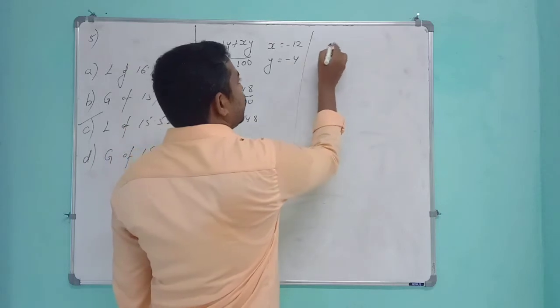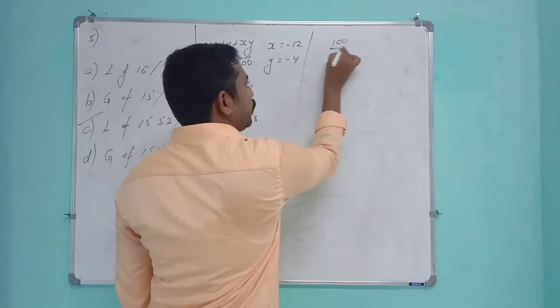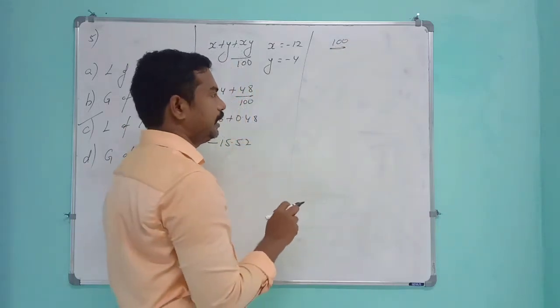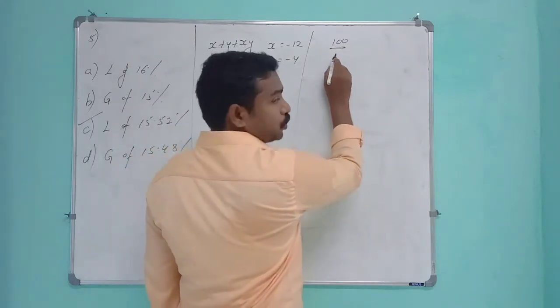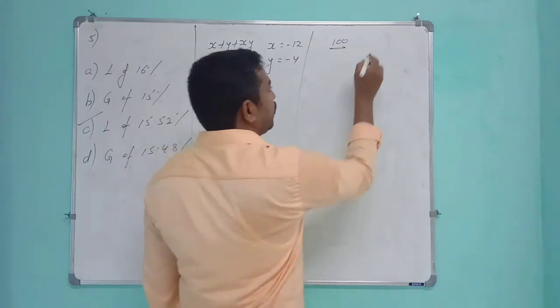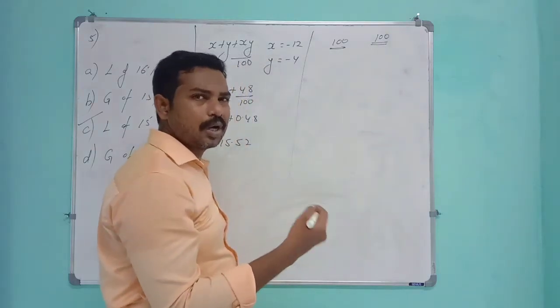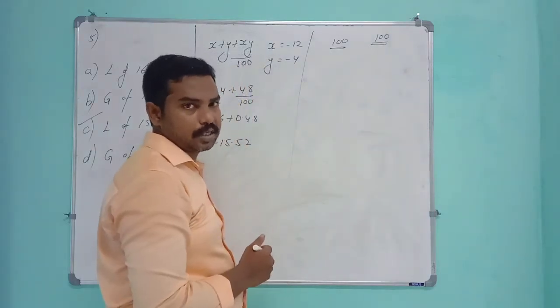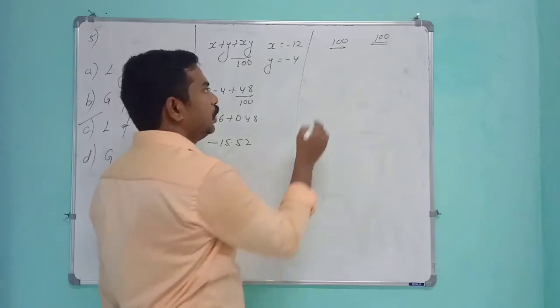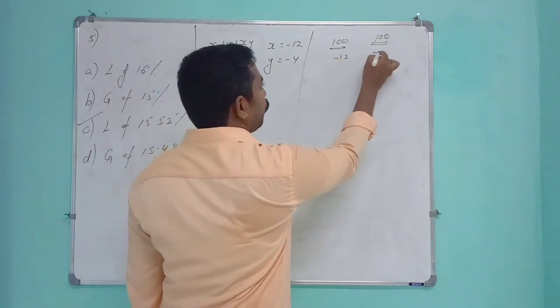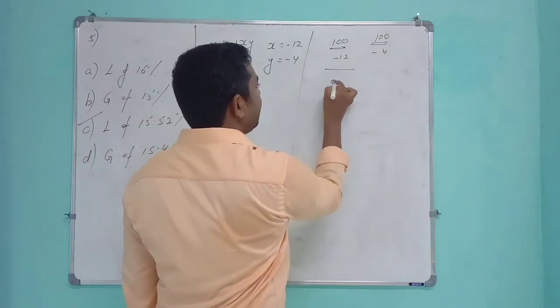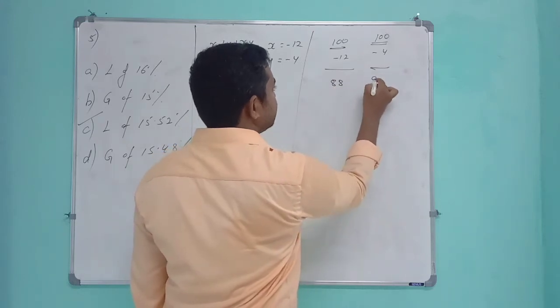Now consider the land value as 100, because we are doing the percentages topic, and the production also decreases by 4. Now let us also consider the production as 100. Land is 100 and production is also 100, for the convenience of calculations. If you subtract 12 here and 4 here, that becomes 88 and 96.